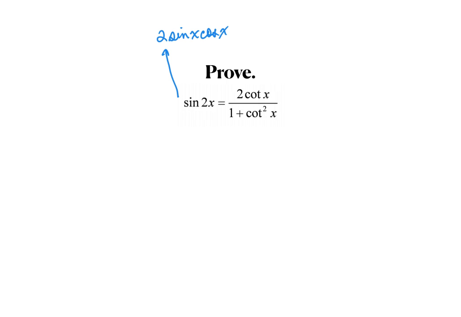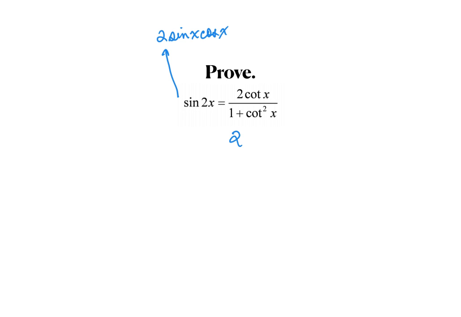So as I am working on the right side, I would like to rewrite this so that it looks like that. Now you'll notice that everything on the left-hand side is in terms of sines and cosines. So I'm going to rewrite all of this in terms of sine and cosine and simplify.